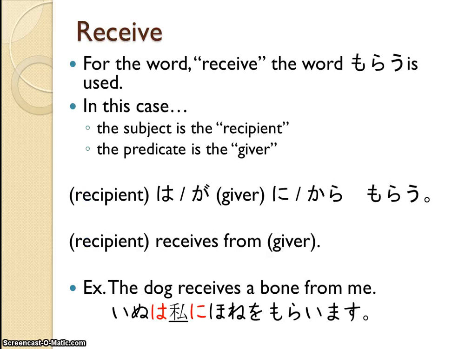Here's another one that you need to know. What about if you're receiving something? The word for receiving something is もらう. The subject is the recipient and the giver is the predicate. So recipient wa or ga, giver ni or kara, もらう. For example, the dog receives a bone from me. 犬は私に骨をもらいます.